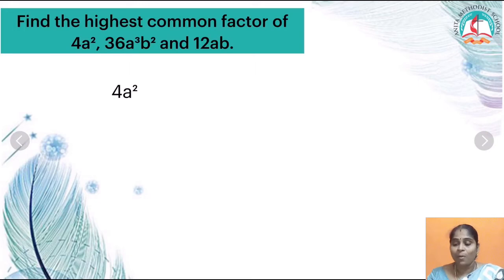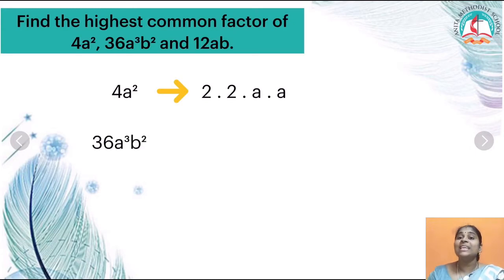Yes. Now we have to write 36a cube b square. How to find it for the 36? If you find it difficult to find the irreducible factors, please use the prime factorization method. So what is the prime factorization for the 36, children?